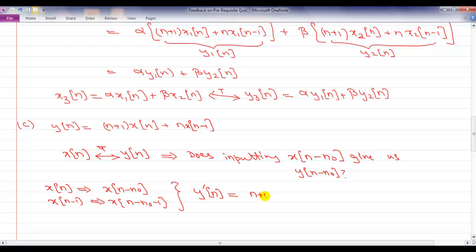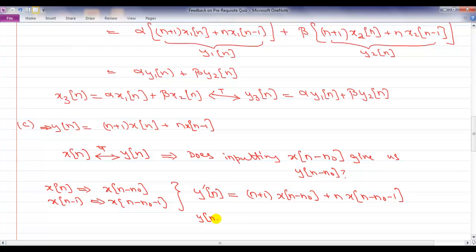We get n plus 1 times x of n minus n naught plus n times x of n minus n naught minus 1. Now let's compare this to what y of n minus n naught is. If y of n is this expression, then to make it n minus n naught, we just replace everywhere that there is n with n minus n naught.